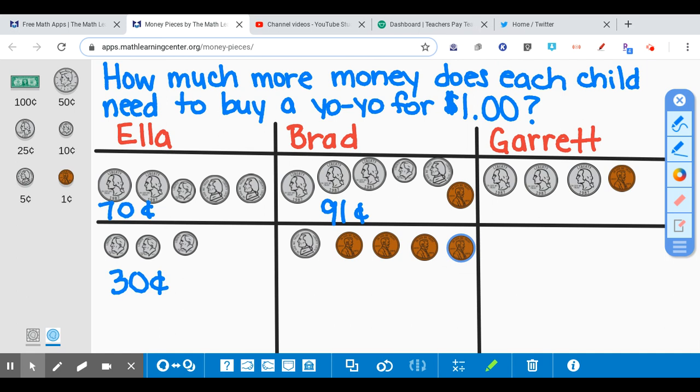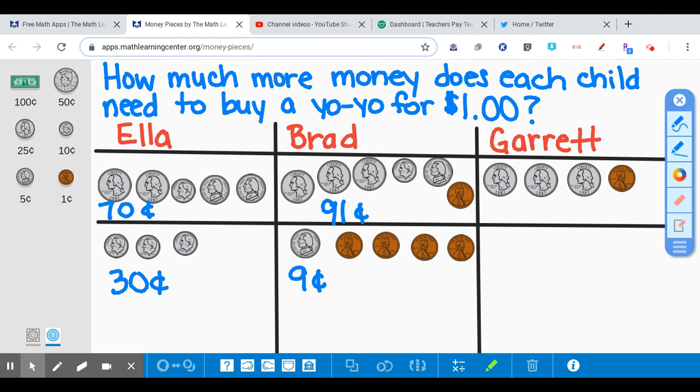So I added a nickel and 4 pennies for Brad to get to 100 cents. And if I count up how much we added, we had 1 nickel, which is 5, plus 4 pennies, which is 4, and 5 plus 4 is 9 cents. And 91 plus 9 gives us 100 cents, or $1.